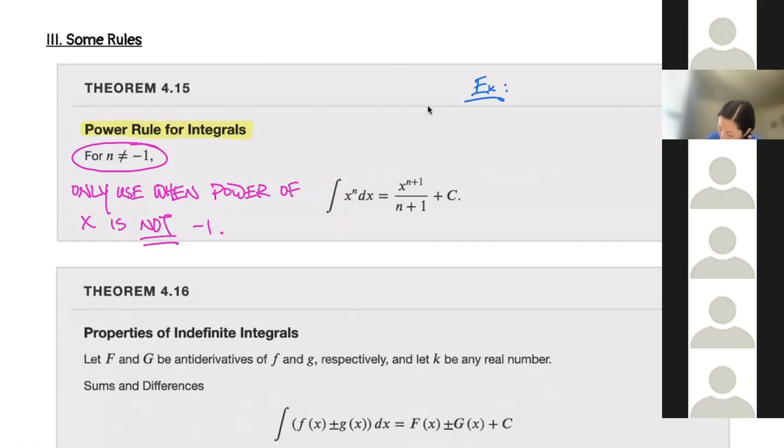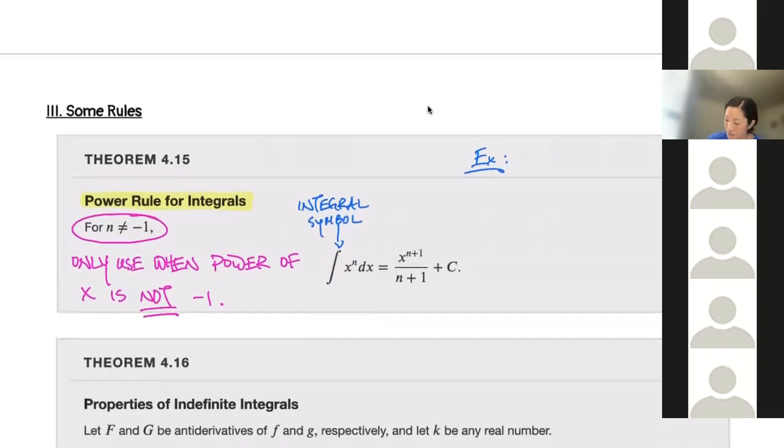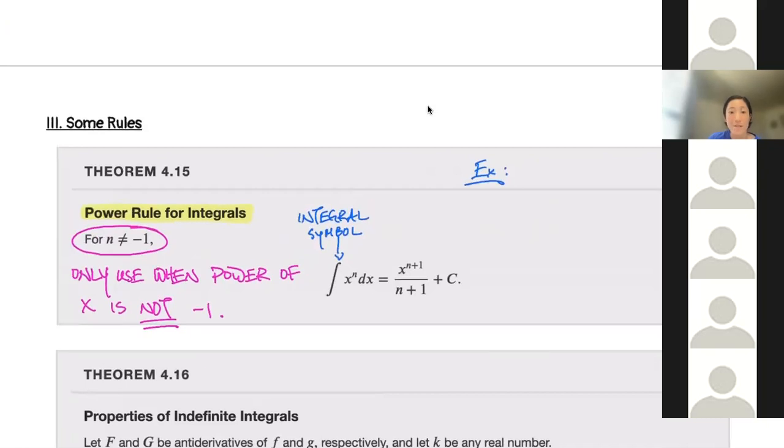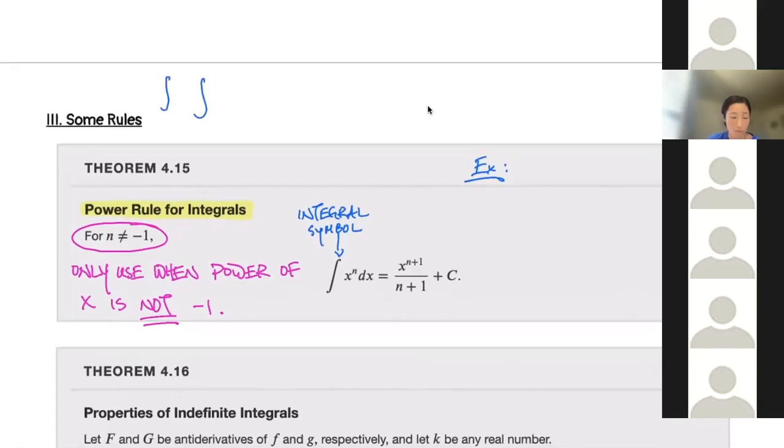Okay, so this is the integral symbol. It kind of looks like an F, but without that middle line. So it might be fun to practice writing some of those. You can do it like this or like this. Okay, and that's the integral symbol.